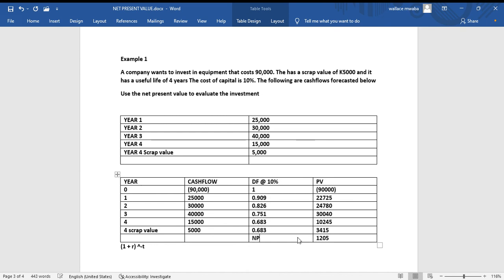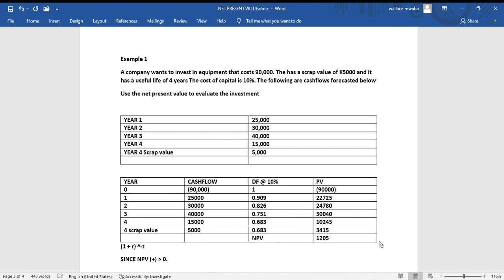So if we invest in this machine, we expect at the end of 4 years that we're going to get a surplus. We're going to get more than we put in. And since our net present value is positive, greater than 0, we accept.